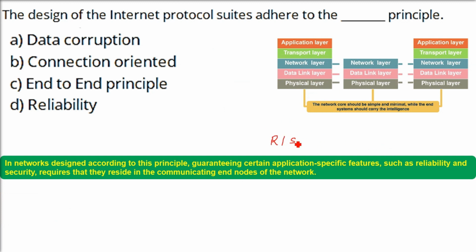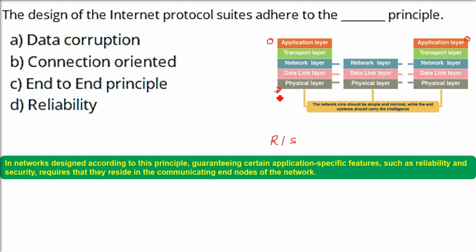So in a network design according to this end-to-end principle, guaranteeing certain application-specific features like reliability and security requires that they reside in the communicating end nodes of the network, which I just told you is the application layer, the starting layer. In between, we may have a problem in the network layer, not our concern. Physical layer we'll see.